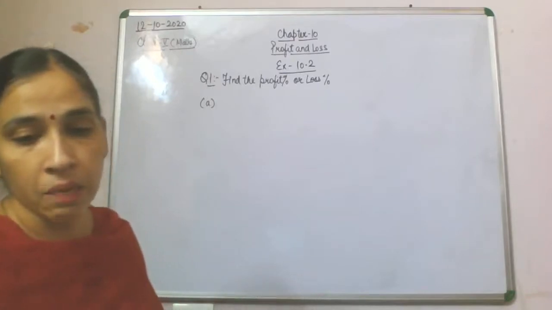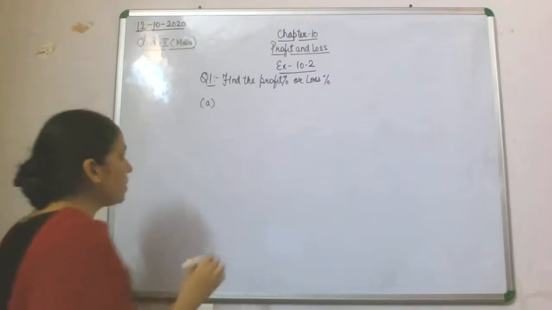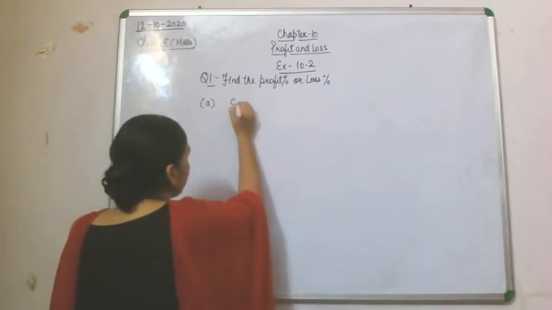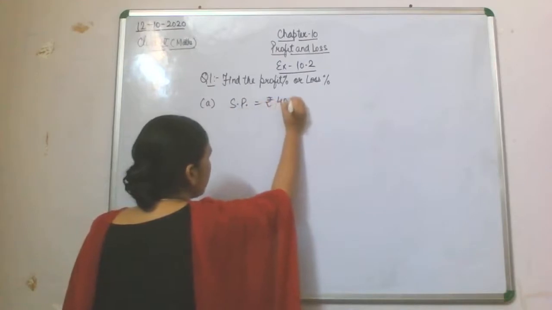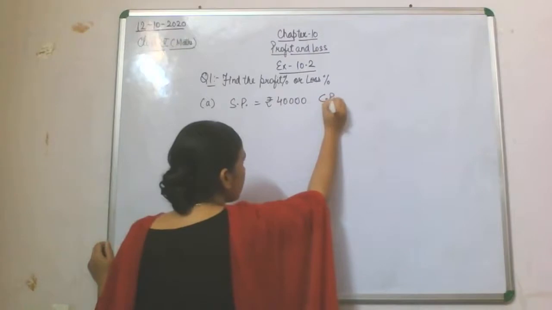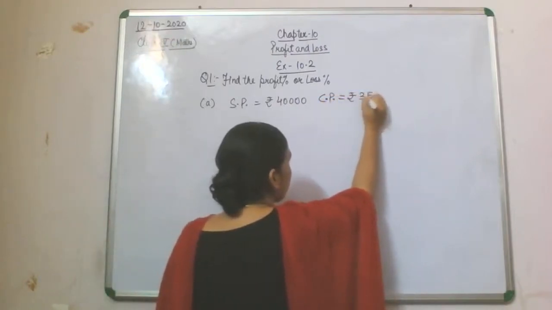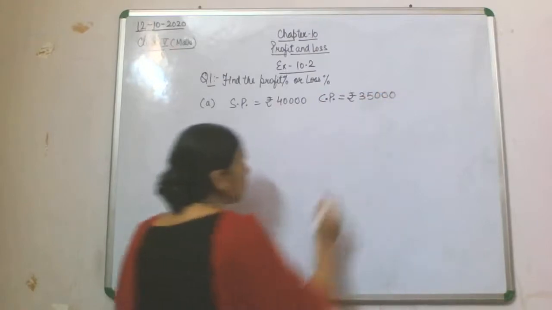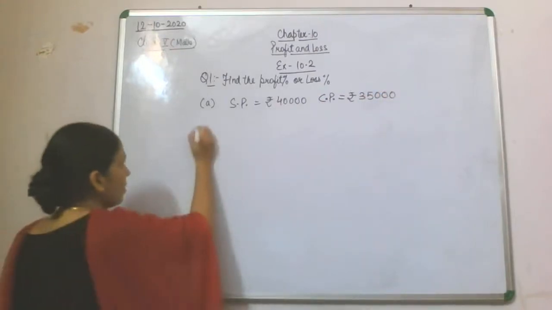A part, selling price is rupees 40,000 and cost price is rupees 35,000.